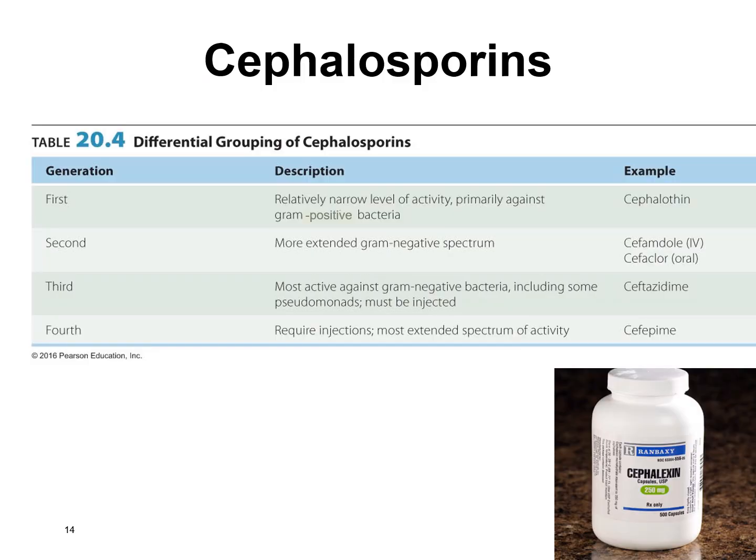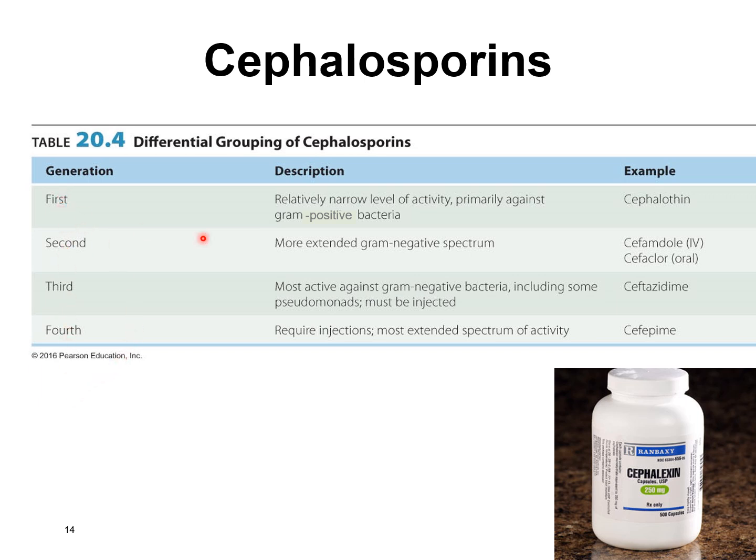There's actually 5 generations of the cephalosporin antibiotics now. The first generation of an antibiotic is always the oldest, and it's going to be the most narrow spectrum. And then they keep developing newer generations because they want to make them more broad spectrum. And usually what they're trying to do is get more gram negatives.